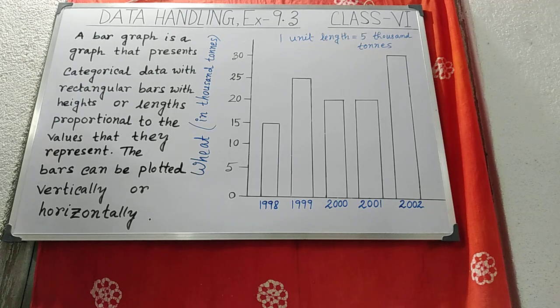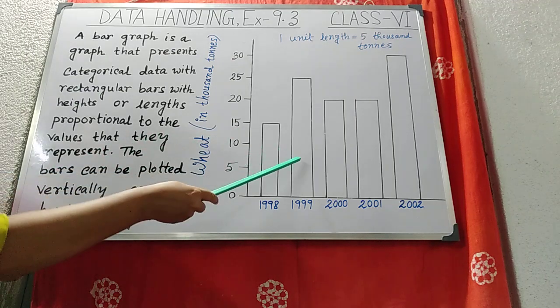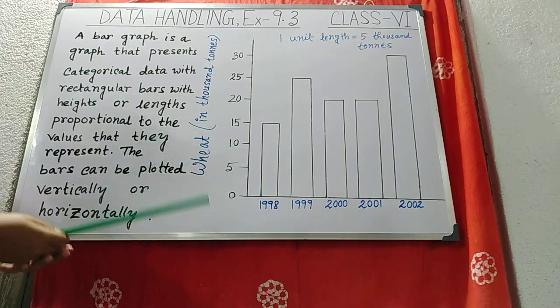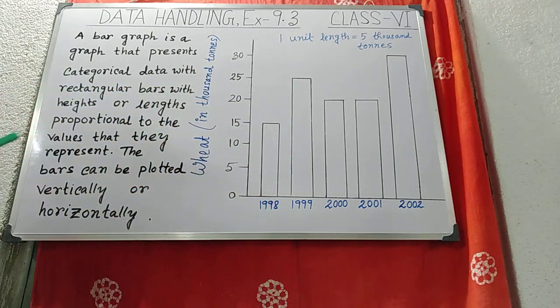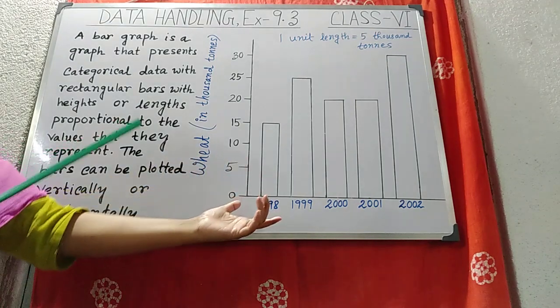So that means values can also be represented by using bar graphs. The bars can be plotted vertically or horizontally. Here, if you observe carefully, you can see that all bars are vertical. So here we can see a vertical bar graph.